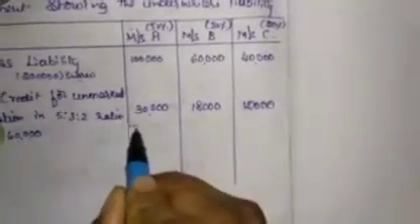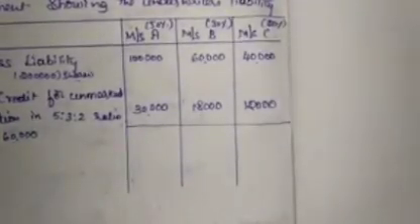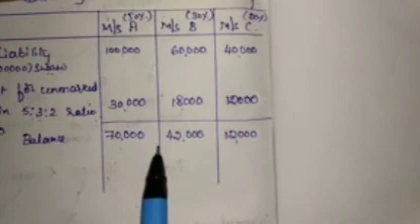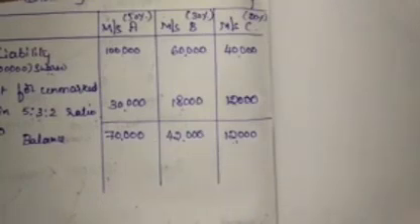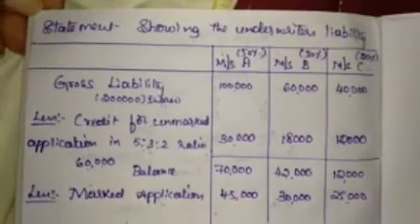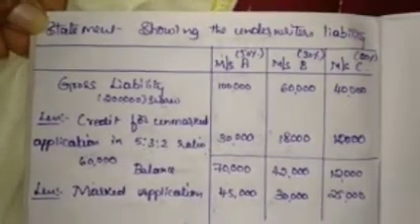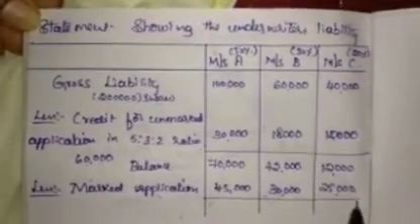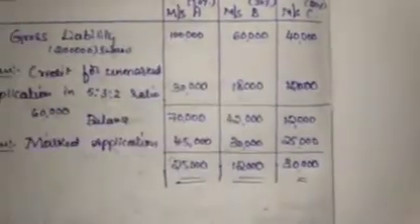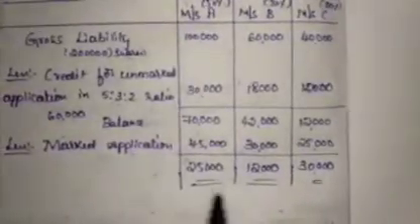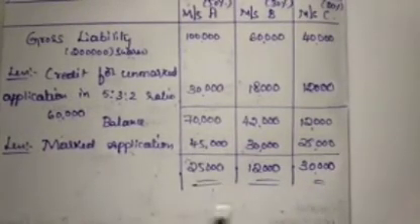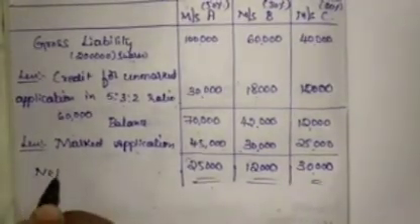If we subtract this, you'll get the balance: 70,000 shares, 42,000 shares, and 28,000 shares. From this answer we have to subtract marked applications, which are given in the problem only: 45,000, 30,000, 25,000. We won't get any surplus in any underwriter, so this is the net liability.